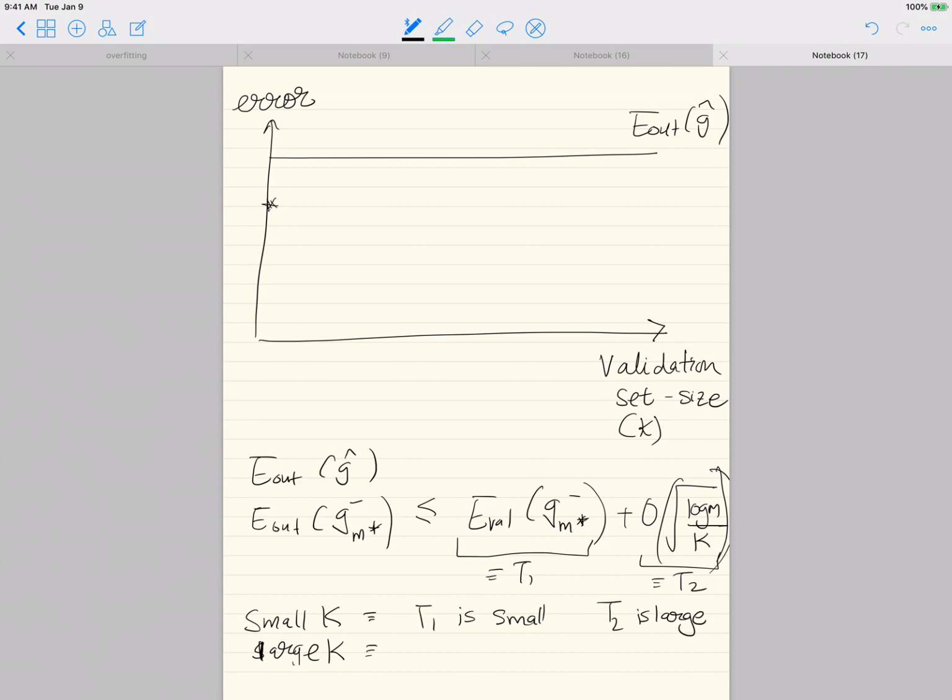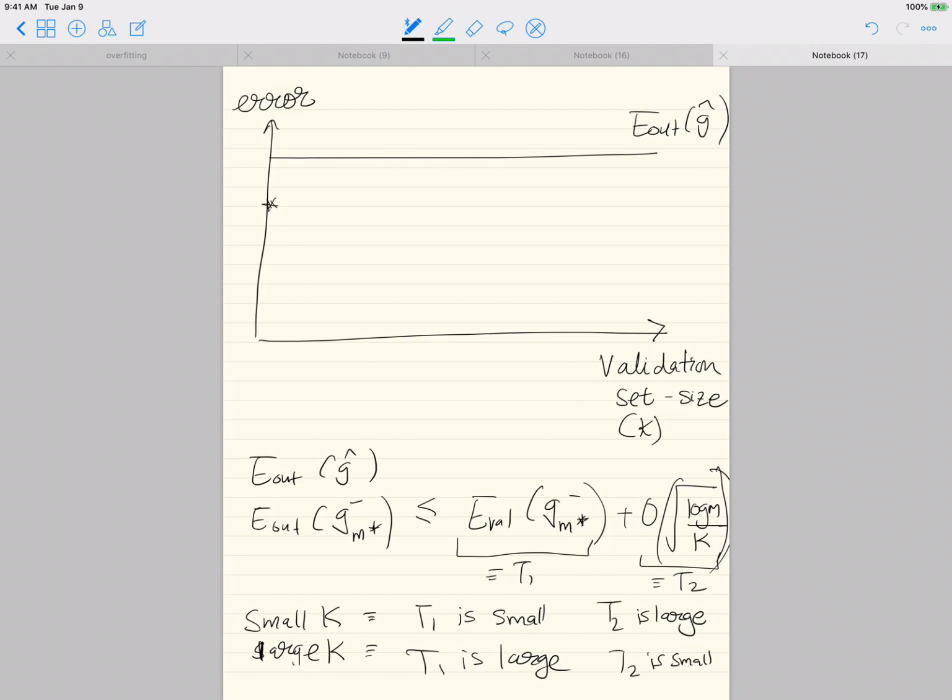Now, as you increase K, let's look at the other extreme. If K is large, what happens to T1? Will it be large or will it be small? You make K very big. Okay, this will be large because now you have a very small training set, so you have very noisy training. So T1 is large and T2 is small.